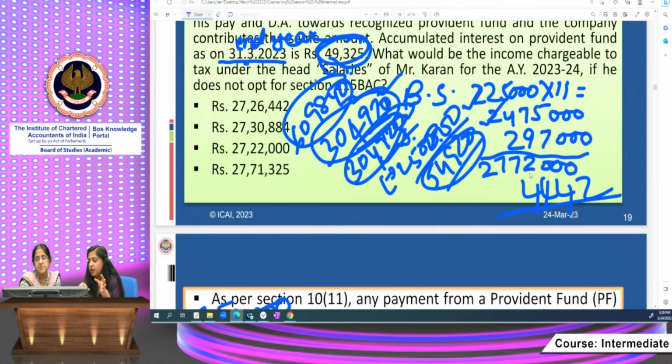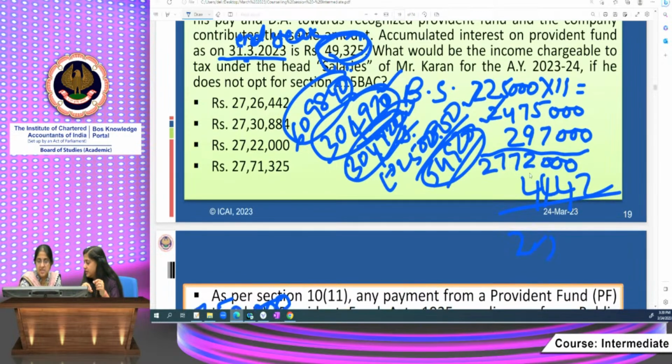So the gross salary that is taxable in the hands of Mr. Karan is 27,76,442. That is, 2772 we have already computed. Then this 4442 is the interest accrued, which has become taxable on the excess contribution by the employee over and above 2,50,000.